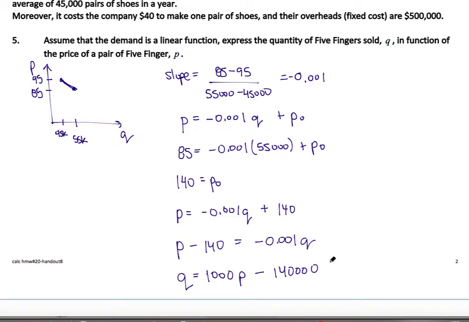So when price is 0, I'm sorry, this should be plus 140,000. Actually, I believe this should be negative, I'm sorry. So when price is 0, we have 140,000 things sold. So that would be the Q-intercept here. So this here is our Q as a function of price.